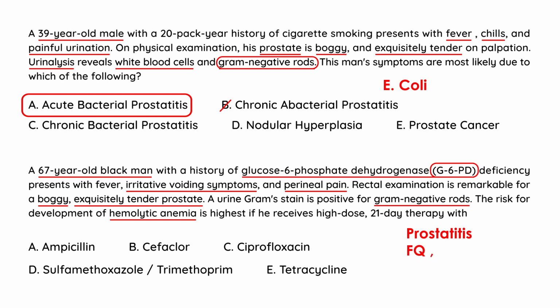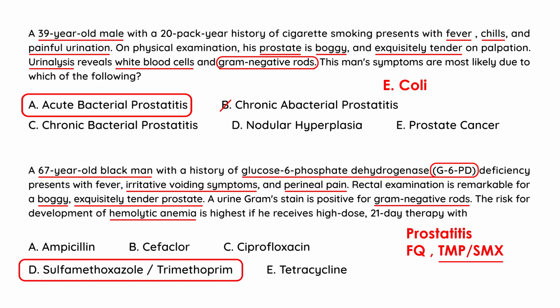Fluoroquinolones, sulfonamide drugs like TMP-SMX, trimethoprim sulfamethoxazole. But in this case, you don't want to give this medication because it's a sulfonamide drug. In G6PD patients, if you give a sulfonamide drug, it can cause hemolytic anemia. And that's what the question is asking. Which medication essentially should you not give? And the answer, of course, is D.